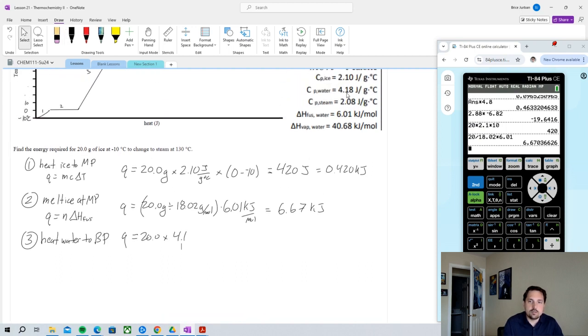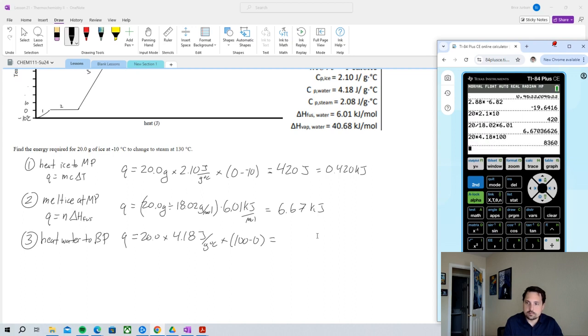As we can see here, it's 4.18. And the change in temperature is 100 minus 0. And that's going to be 8.36 kilojoules. I'm going to convert that right away.